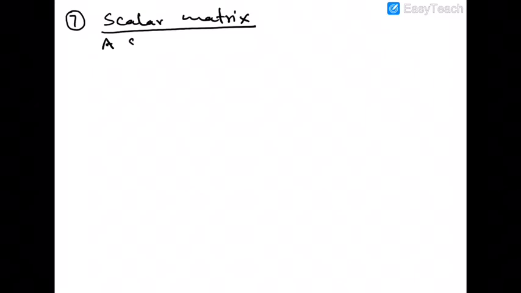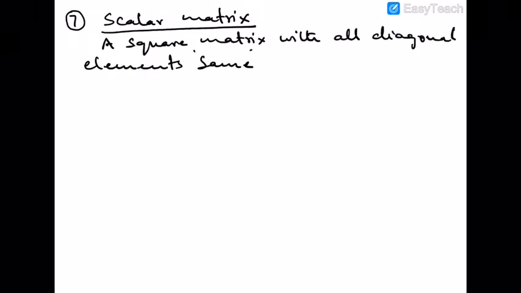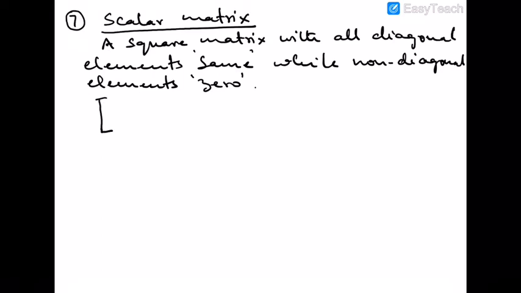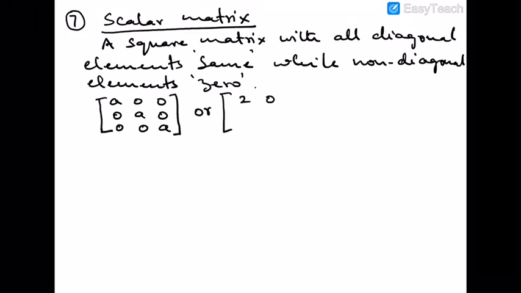Now the scalar matrix. A scalar matrix is a square matrix where all the diagonal entries are equal and non-diagonal entries are 0. So the matrix of the types A 0 0, 0 A 0, 0 0 A, or 2 0, 0 2, in both cases diagonal entries are the same, they are equal.